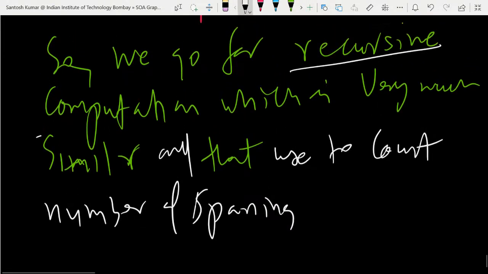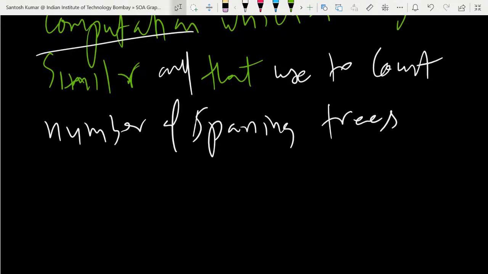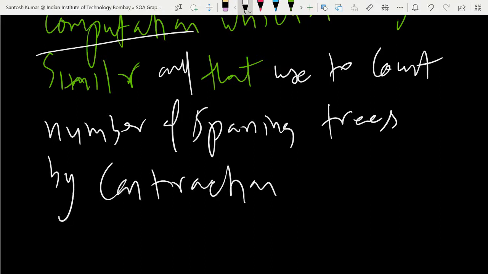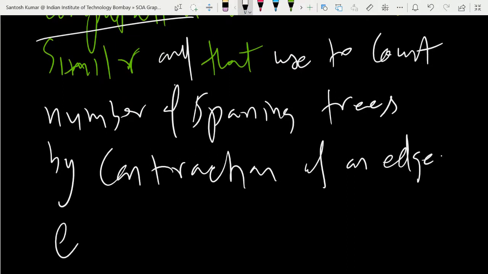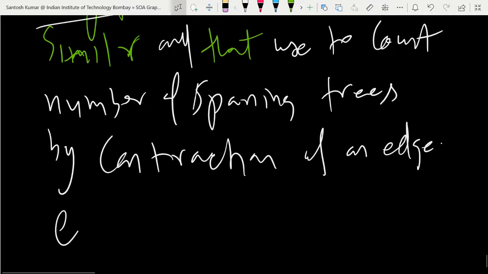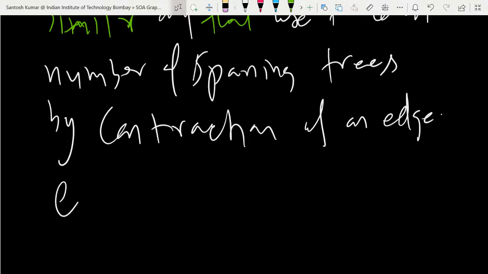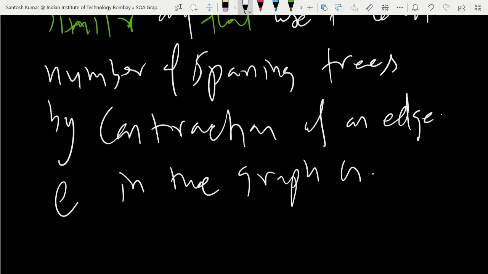In the recursive computation, we count the number of spanning trees by contraction of an edge, let me call that edge e, in the graph G.